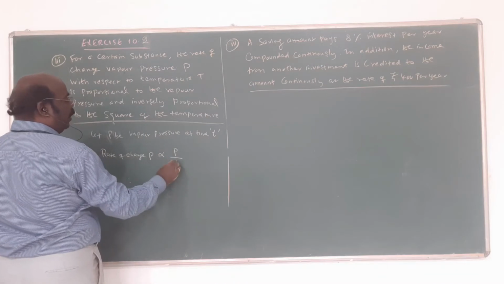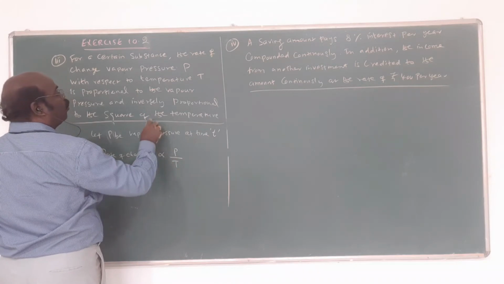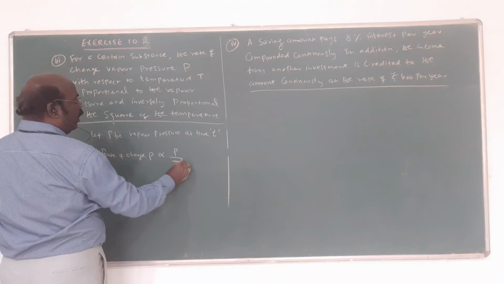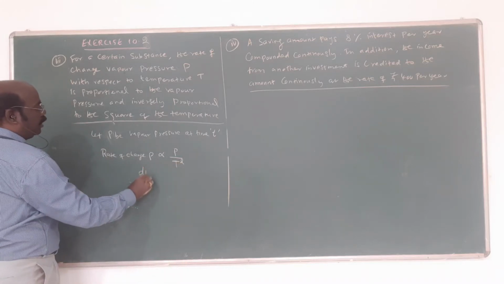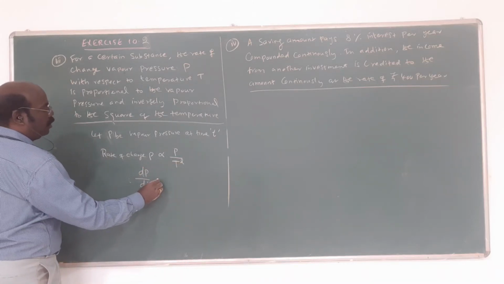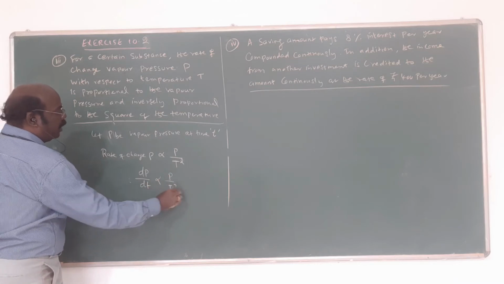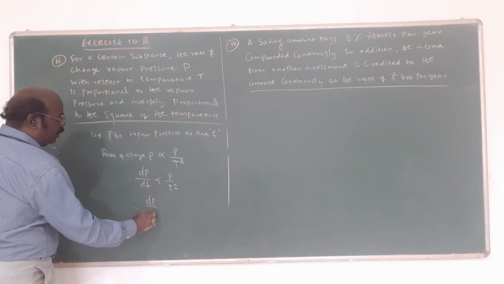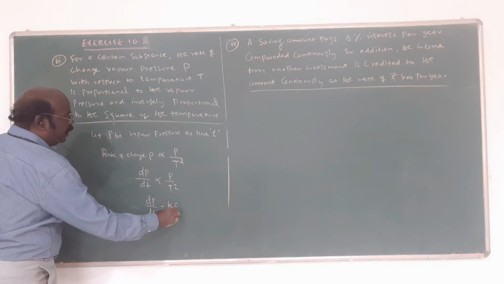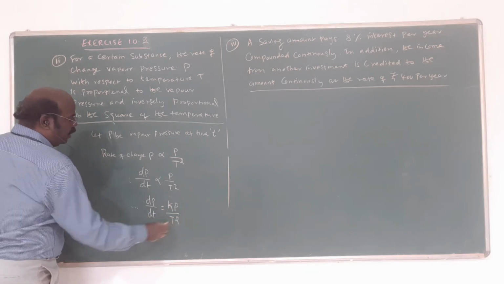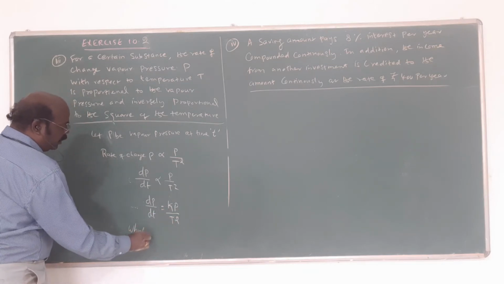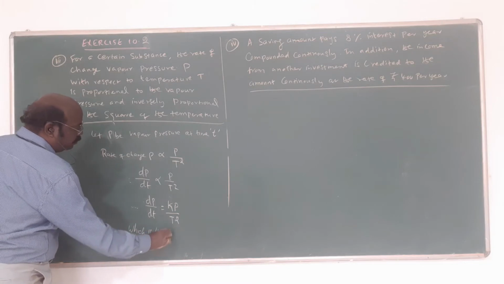Inversely, divided by T square. That means dP by dt is proportional to P by T square. Remove the proportionality. What is the answer? dP by dt equals kP by T square, where k is constant, which is the differential equation. That's all.